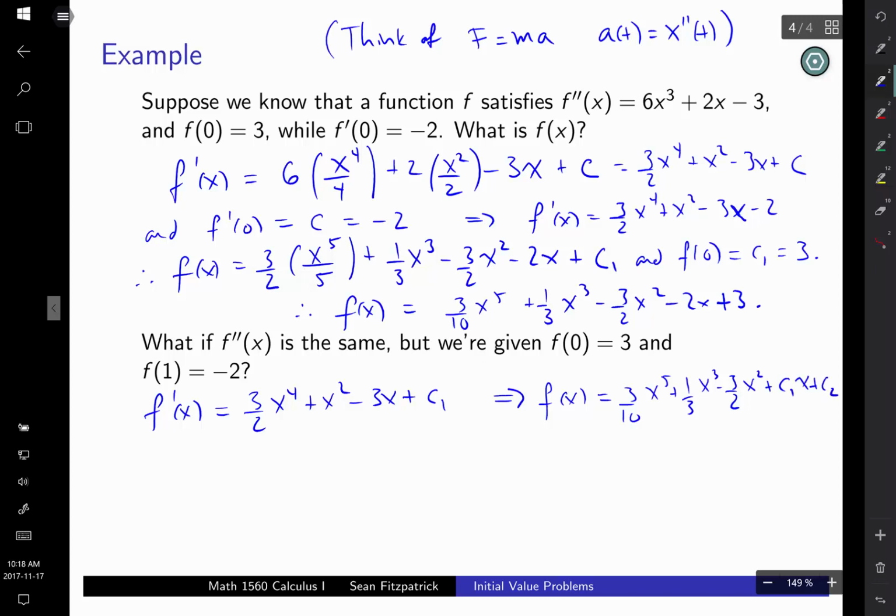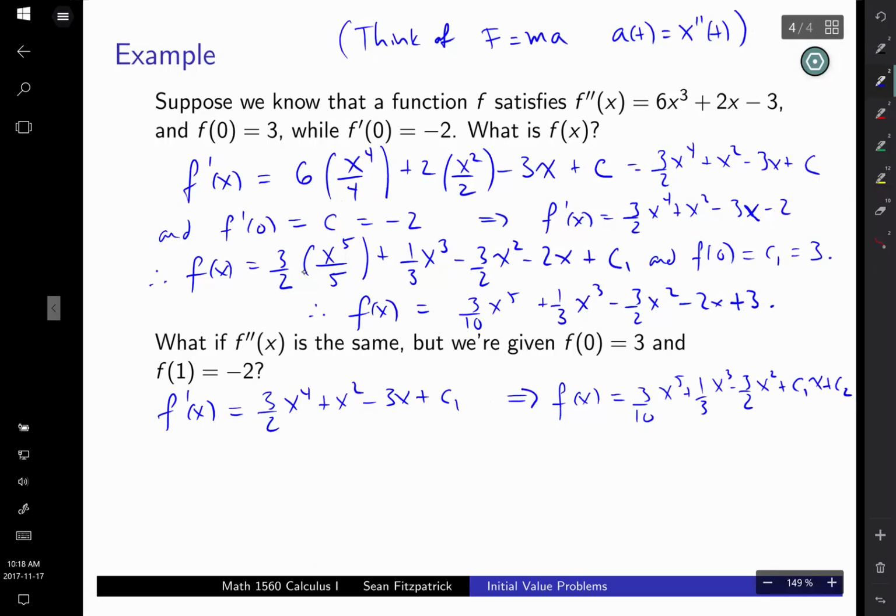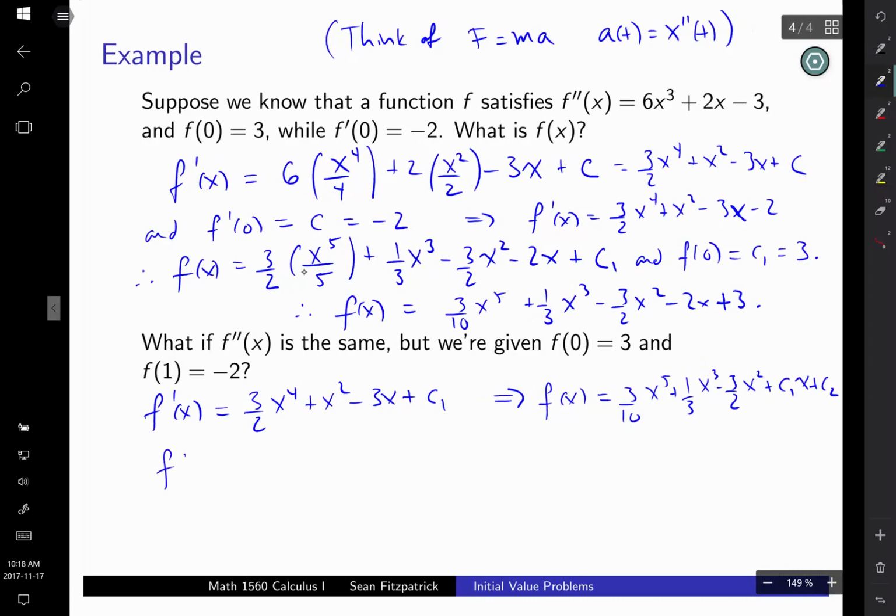So this time I end up with two different constants, a C1 and a C2. But I still have two pieces of information. F of 0 is going to be, well, again, all the x terms go away. I get C2. And f of 0 was supposed to be equal to 3. So that tells me that C2 equals 3.